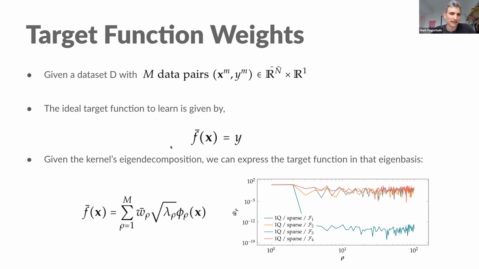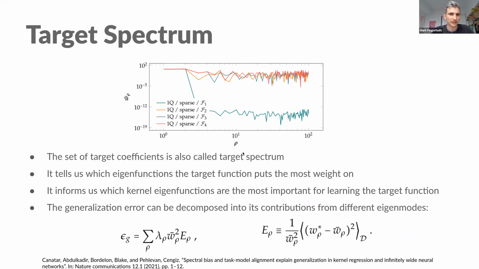Now that we have the eigenbasis of the kernel, we can rewrite this equation and express the target function in terms of the kernel eigenvalues and eigenfunctions. That allows us to get these so-called target function weights, which are these W's here. We can plot them again and compare different kernels or combinations of kernels and data sets, and plot these so-called target spectra.